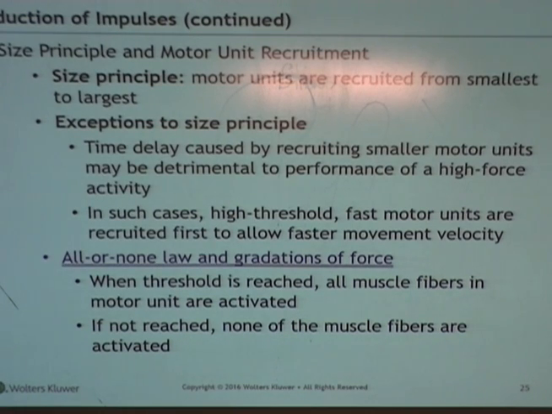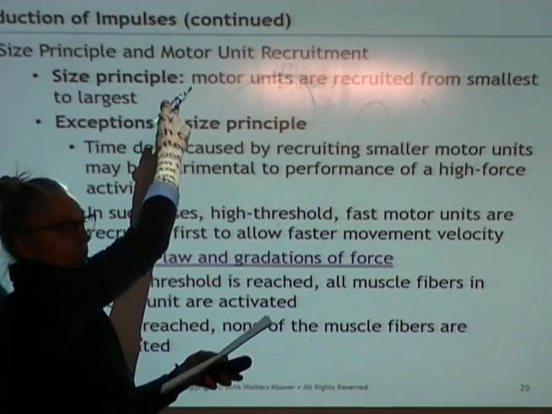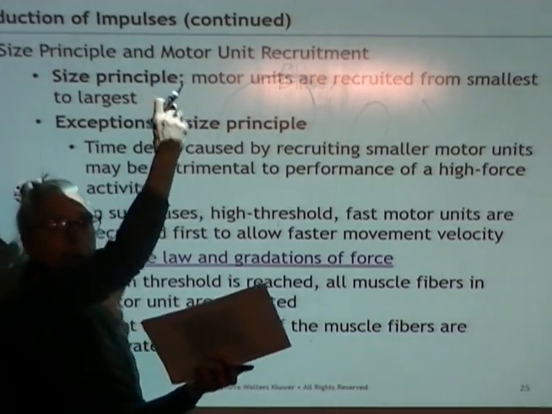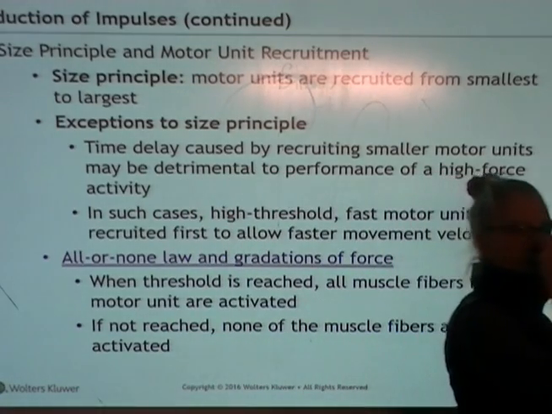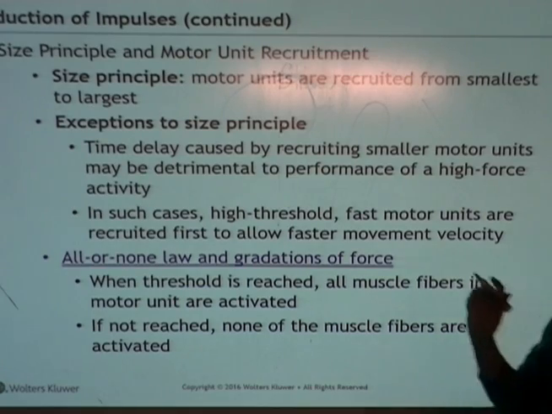So which is the smallest motor nerve? Which one has the smallest cell body? Which one am I going to recruit first? Type 1. Good, slow.